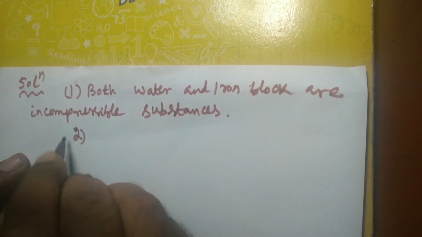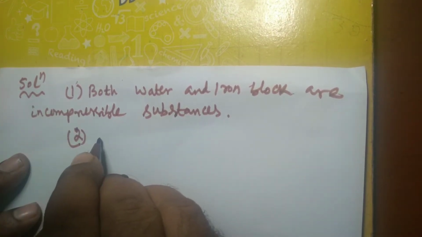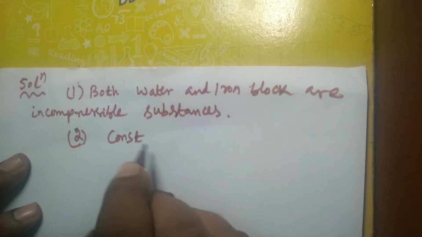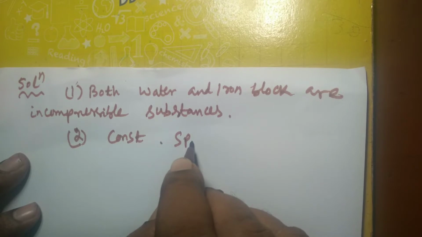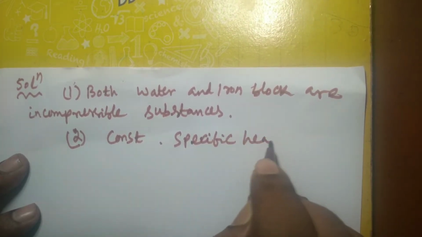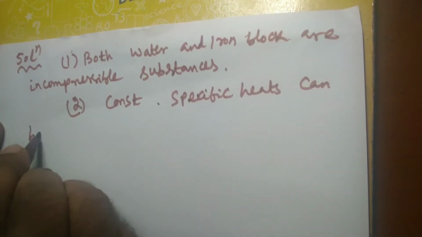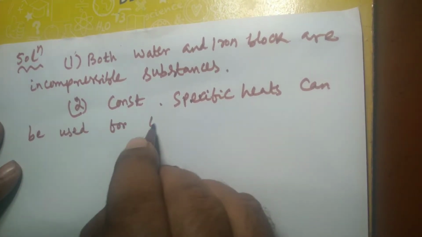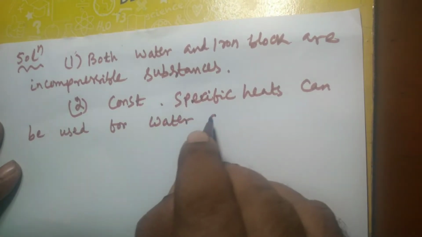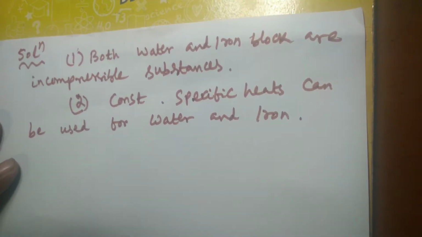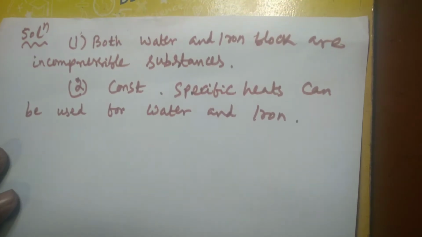The second one is constant specific heat: specific heats can be used for water and iron. So these are the assumptions.